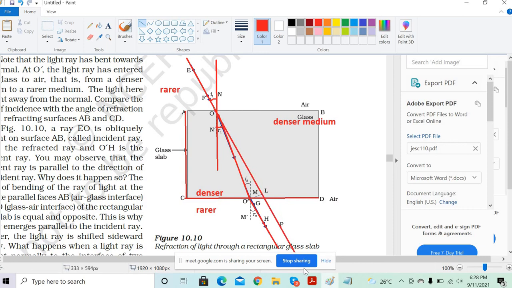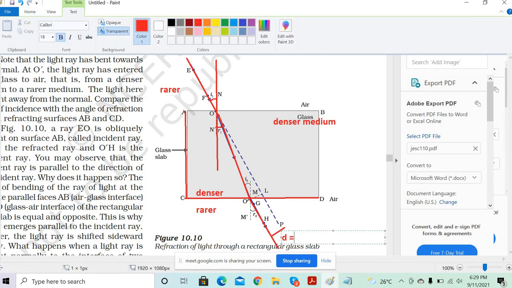But just because the rectangular slab comes in the picture, the ray of light which is going in a straight line got shifted by this much distance. It got laterally shifted, correct? It still goes in the same straight line, but this distance D, this much distance, is called the lateral displacement.